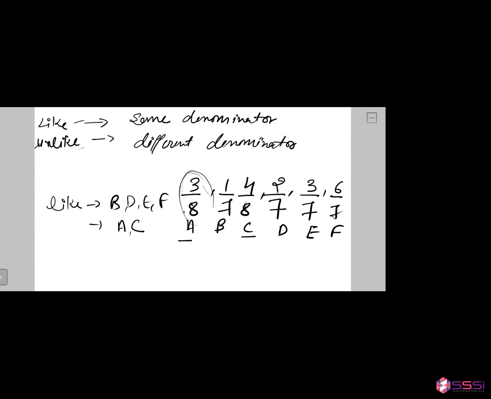We have to compare it with another fraction.